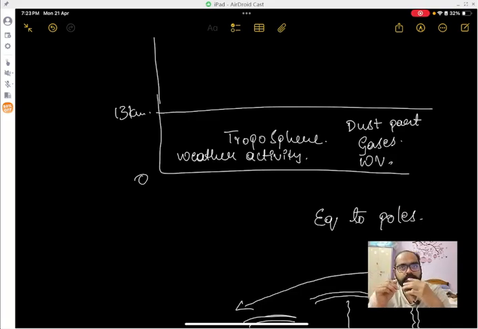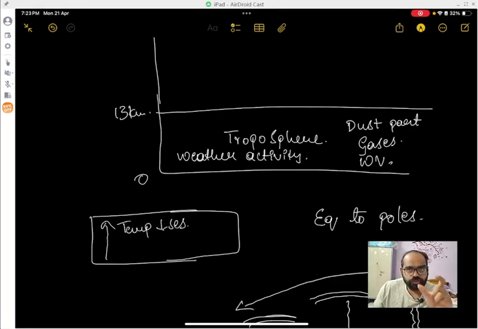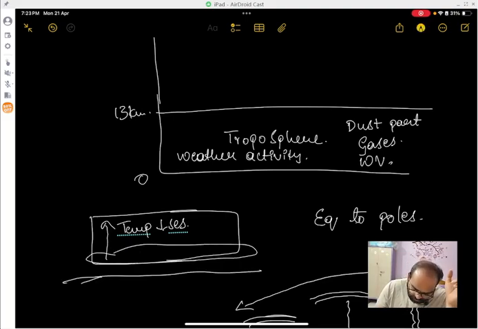Another feature of the troposphere is that as we move from lower layers to upper layers, temperature decreases. Why? The lower layers of the troposphere are in contact with the surface of the Earth. As the surface of the Earth gets heated, the heat is conducted upwards. What is conduction?